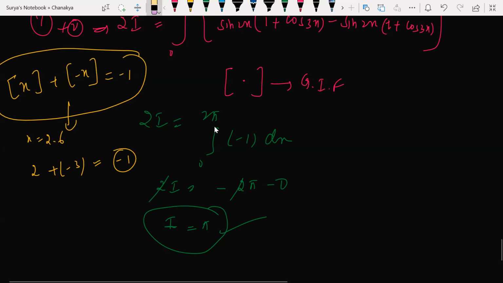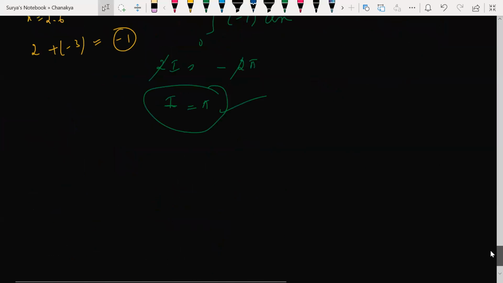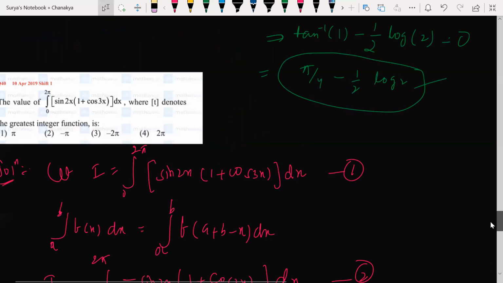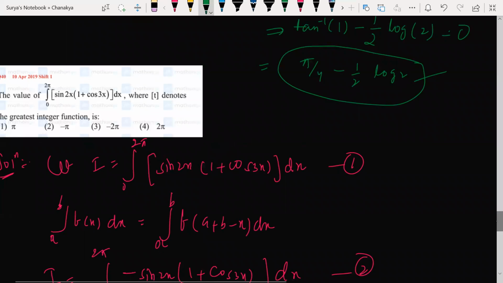I value is 5? Then it is 0, and 0 doesn't make sense. So minus 5 is the answer. Which option is correct? Option B is correct.